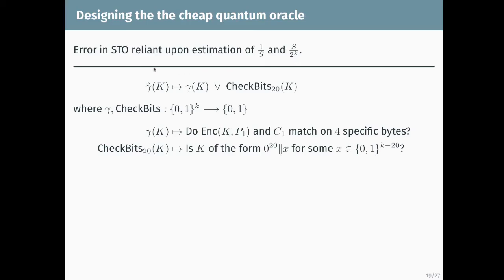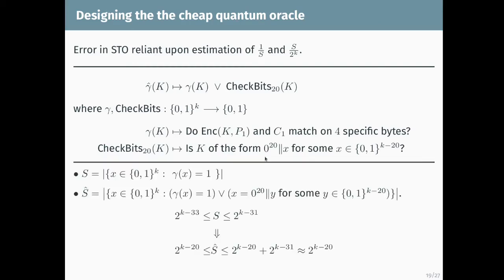So instead of using just a function gamma, we define gamma hat, where gamma is do the encryption to plaintext and ciphertext match on 4 specific bytes, and check bits 20 is does k start with 20 leading zeros.